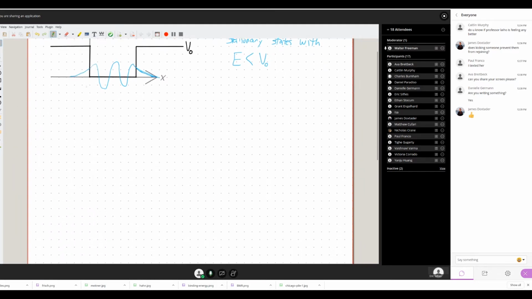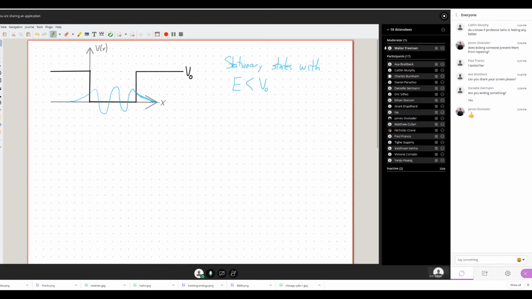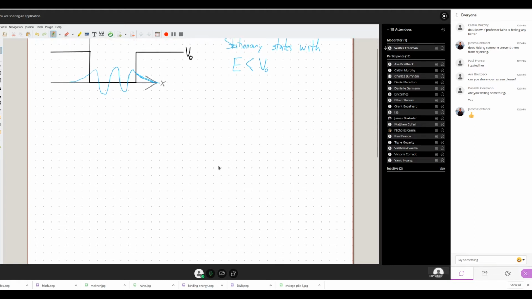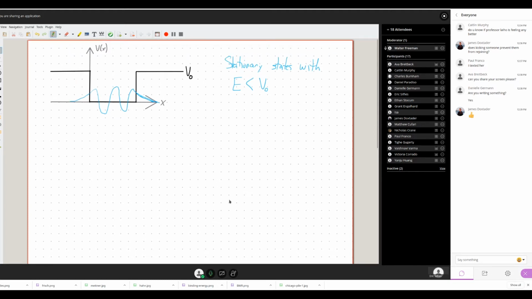You should have this in the notes from last time. If you weren't taking notes, it's in the video. We broke this into regions 1, 2, and 3. In regions 1 and 3, the particle has an exponentially growing or decaying wave function.